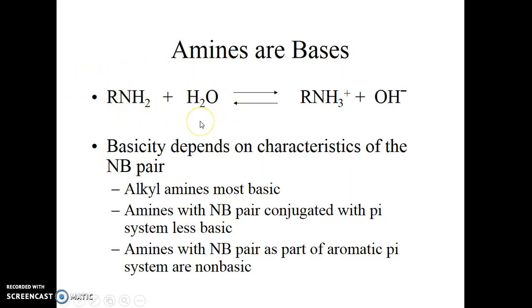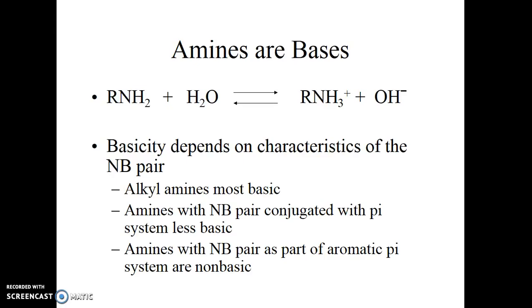The basicity depends on the non-bonding pair and how available it is. If you have electrons being pushed into the non-bonding pair, it becomes more basic. So alkyl groups on a nitrogen make the nitrogen more basic because they're electron donating. If you have electron withdrawing things on the nitrogen, well then it's less basic.